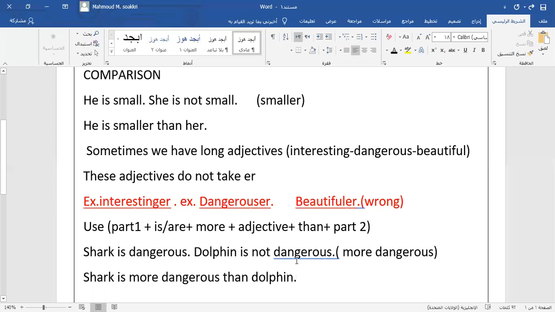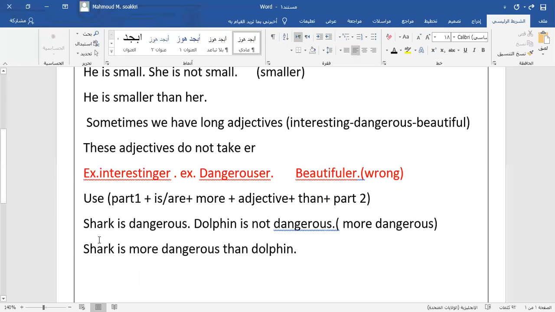Look here, Mazen. We have here this sentence. Shark is dangerous, okay? Dolphin is not dangerous, okay? The word dangerous is an adjective. Which one of these two animals is more dangerous? If someone is in the sea, will he be afraid from shark or from dolphin? Shark. Because shark is more dangerous.